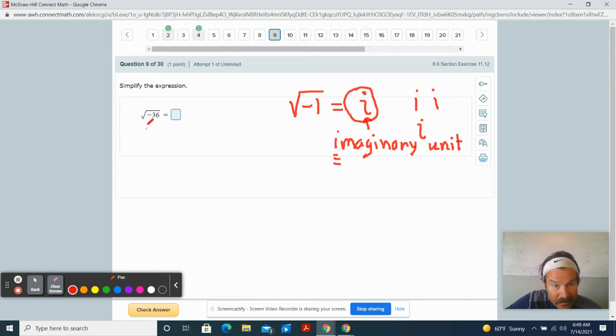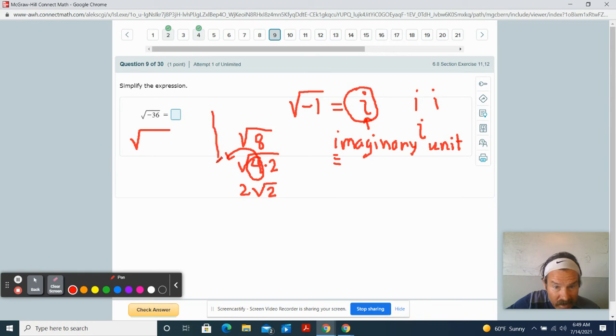So what I can do in this problem here is break up, just like the last video, I broke up the square root of 8, and I said 8 was 4 times 2, and we took the square root of 4 and brought it outside of the radical as a 2. If you recall, the square root of 8 could be simplified into 2 root 2.